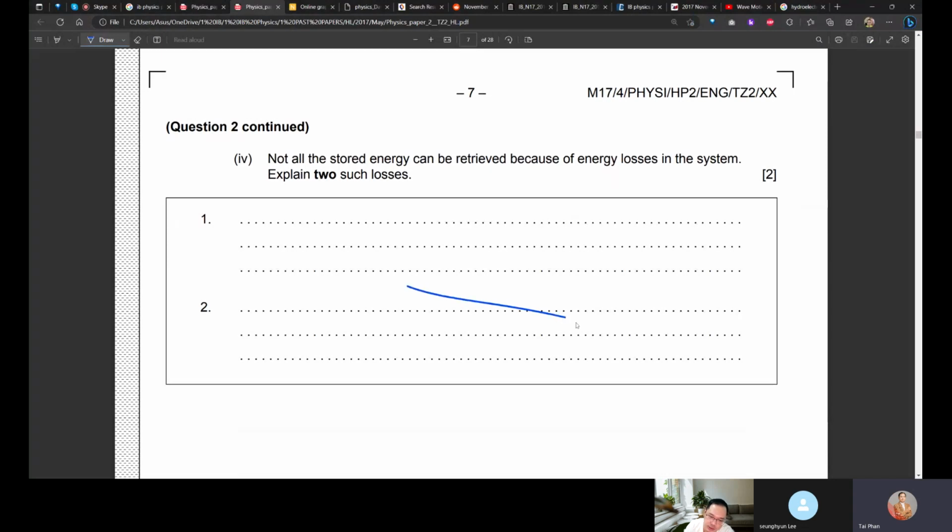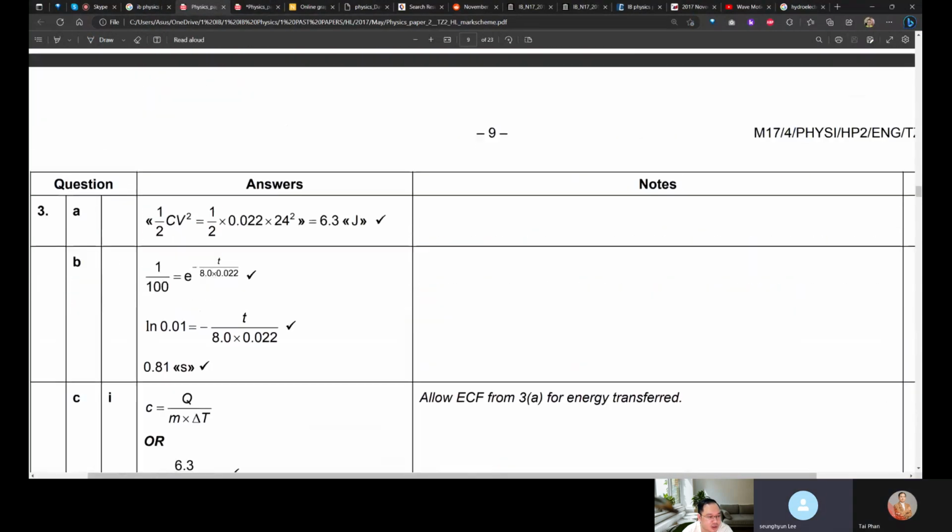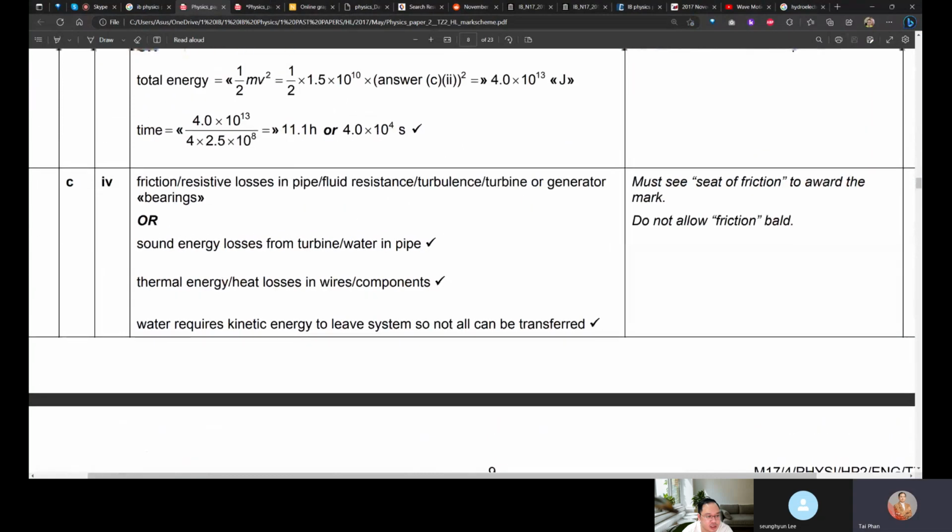The flow of the water is not steady. It can cause some, what's that called? Stir or something, the turbulence in the flow of the water. Okay, but I don't think that will be in the mark scheme. The turbulence. Okay. Sound energy, thermal energy.